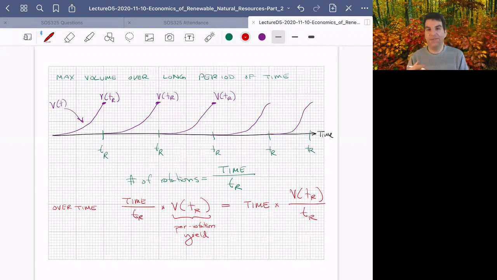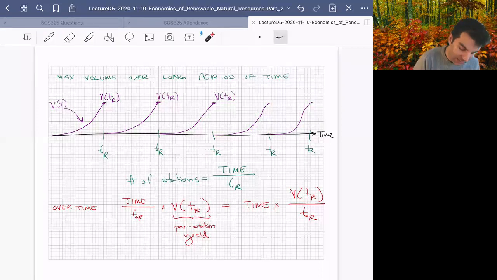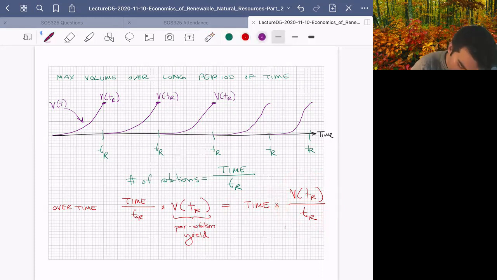Now, if the total duration that I'm going to engage in this venture is fixed, so if this length of time is fixed, then the only way I can maximize the total amount of wood that I produce during that long duration is to maximize this ratio. And this ratio is a ratio that we called the mean annual increment. Or MAI.